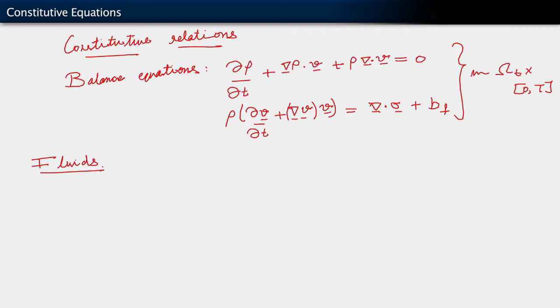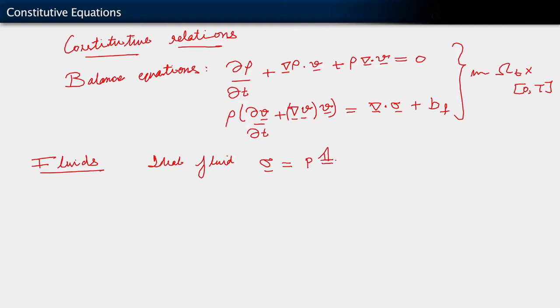Okay, so for fluids, let's start out with this notion of an ideal fluid. An ideal fluid is one in which we say that the stress is equal to some scalar, that I'm going to denote P very suggestively, times the isotropic tensor.